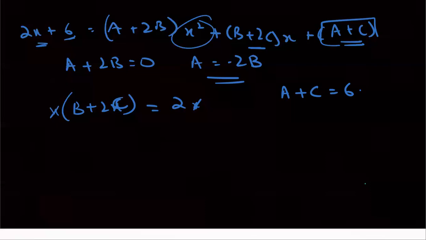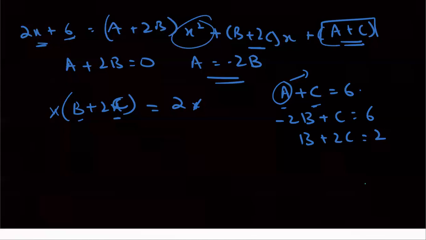Now using substitution, we can substitute the value of a, because this contains b and c, this contains a and c, right? So we can substitute minus 2b plus c is equals to 6, and this is b plus 2c is equals to 2. Either we can use the substitution method or the elimination method. We will be using the elimination method over here.